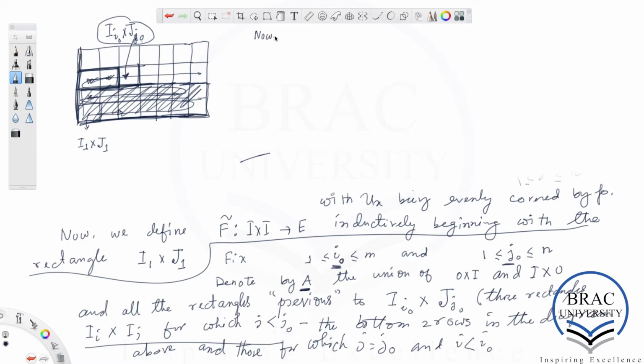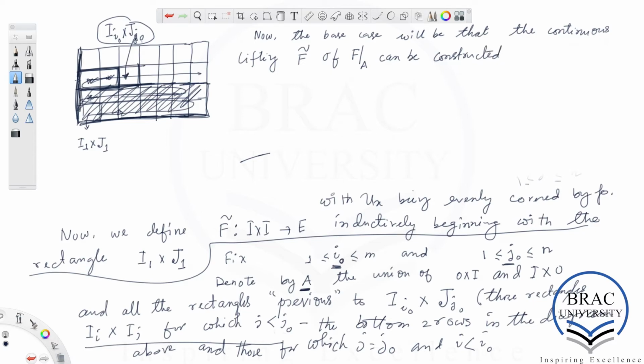The base case will be that the continuous lifting f tilde of f restricted to A can be constructed, where A stands for this region, except for this shaded region.